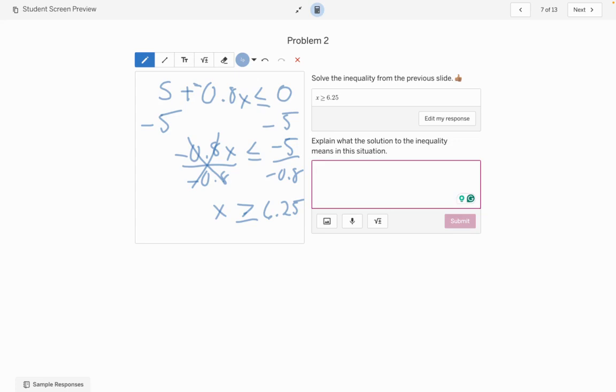It means that in 6.25 hours or more, the temperature will be below 0 or more, and the plants need to be covered.